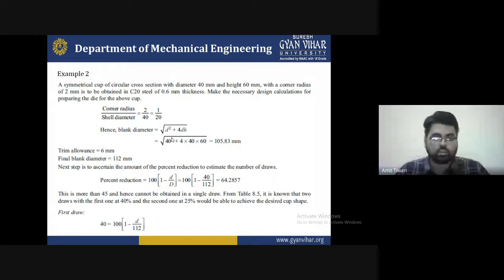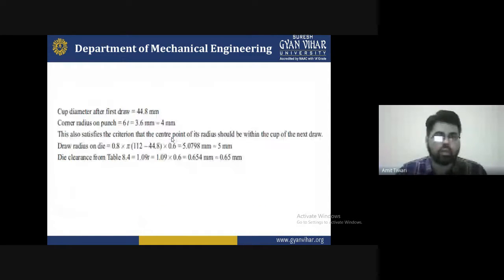So for the first draw, 40 equals 100 times (1 minus d upon 112). Calculating this, the cup diameter after the first draw is 44.8 mm. The corner radius of the punch is 60 equal to 30.6 mm, a completely round figure.